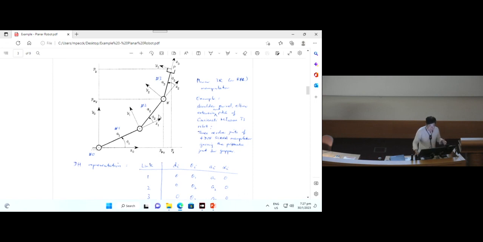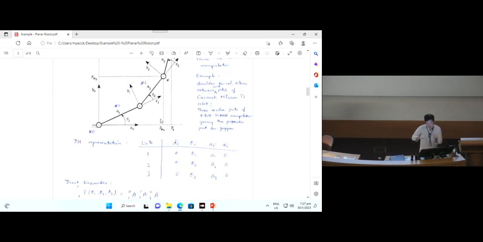You have quite a fair bit of applications for this planar 3R manipulator. Same thing: you look at it, and then you draw the skeleton diagram. You label the links, you label the joints, and you attach the frames.